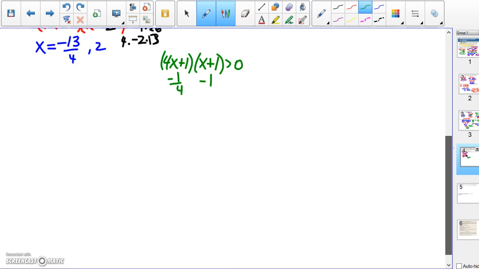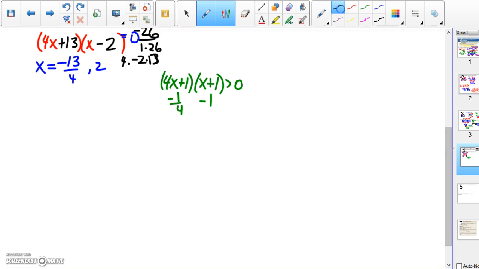If I FOIL this out, I know that's going to be 4x squared plus something. So I know that's going to be a parabola, and those numbers, negative 1/4 and negative 1, are my zeros.